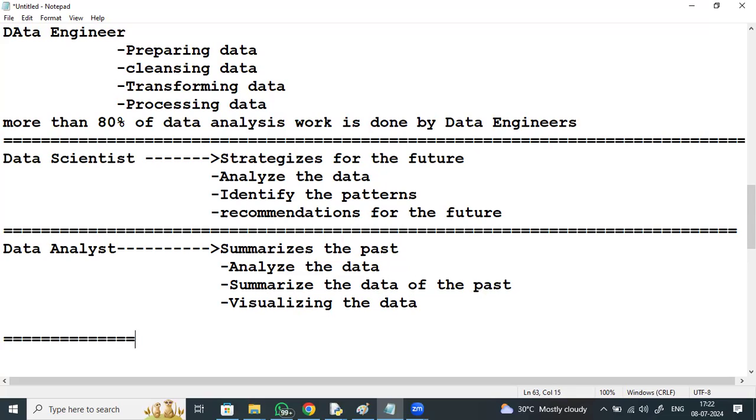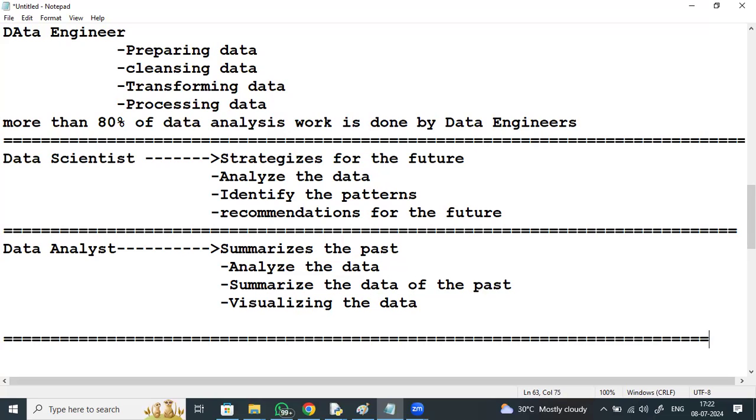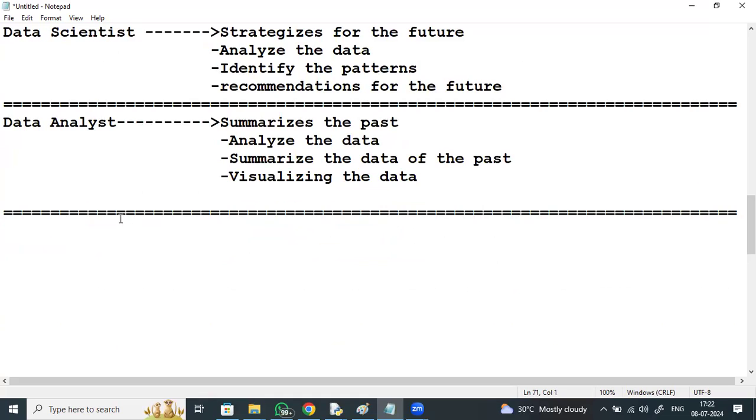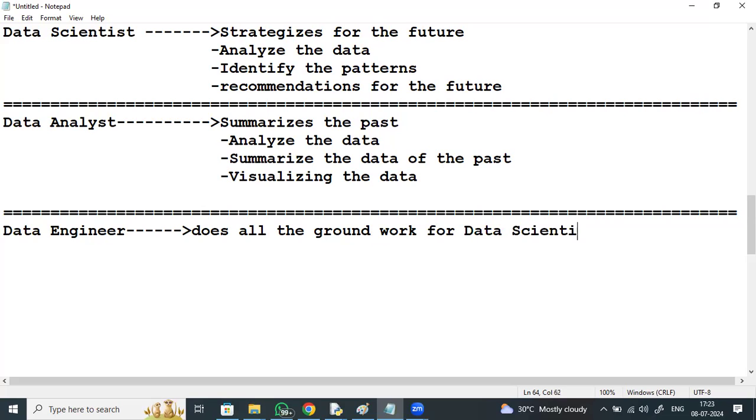The data engineer does all the groundwork for the data scientist and analyst.